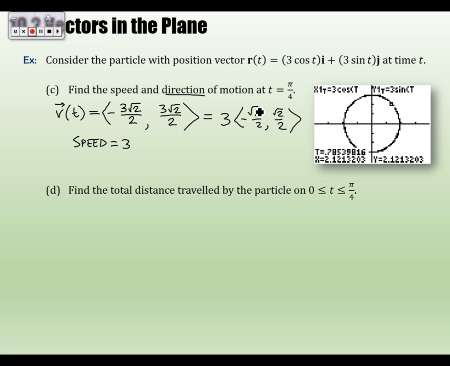They live on the unit circle. If you want to check, you can check that this is 1 unit long. But that means the speed is 3, sorry math class, unitless things, okay? 3 meters per second or whatever. And then the direction vector is the thing that's underlined over there.